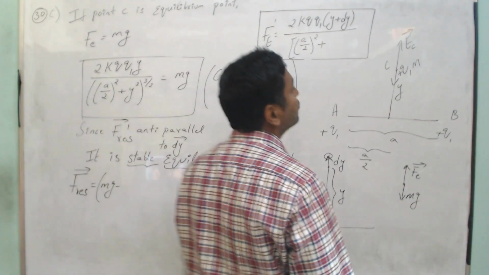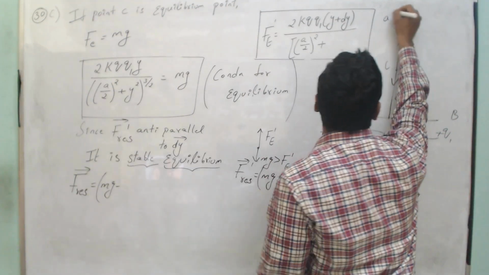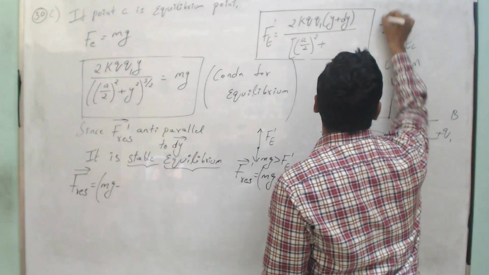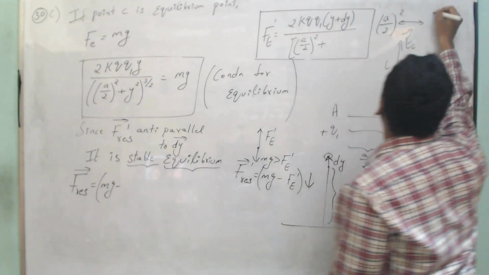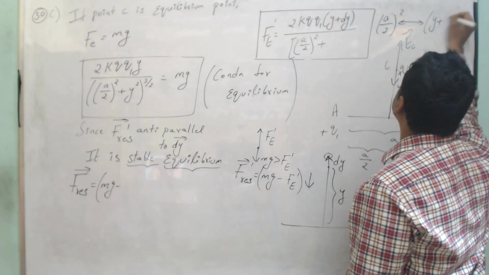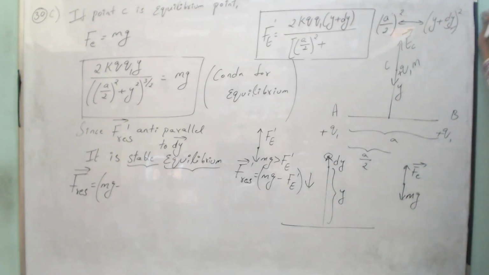But remember, on one hand, I am doing a by 2 whole square, and on the other hand, I am doing y plus dy whole square. Dy is very, very small.